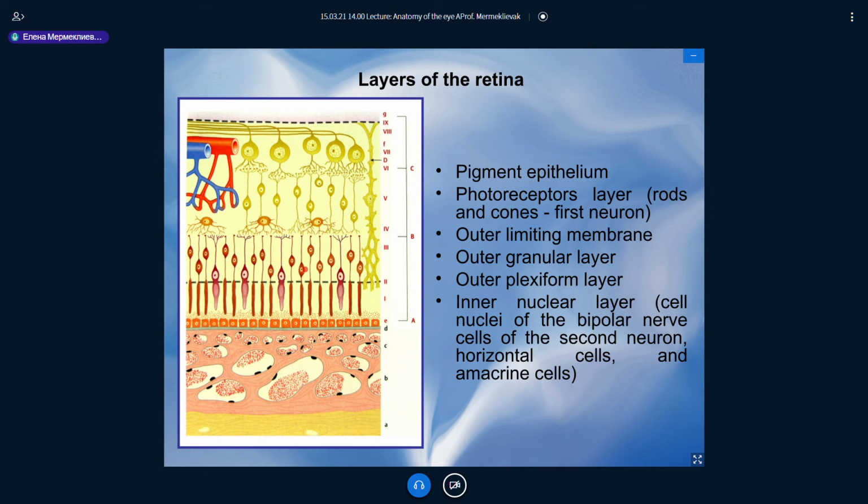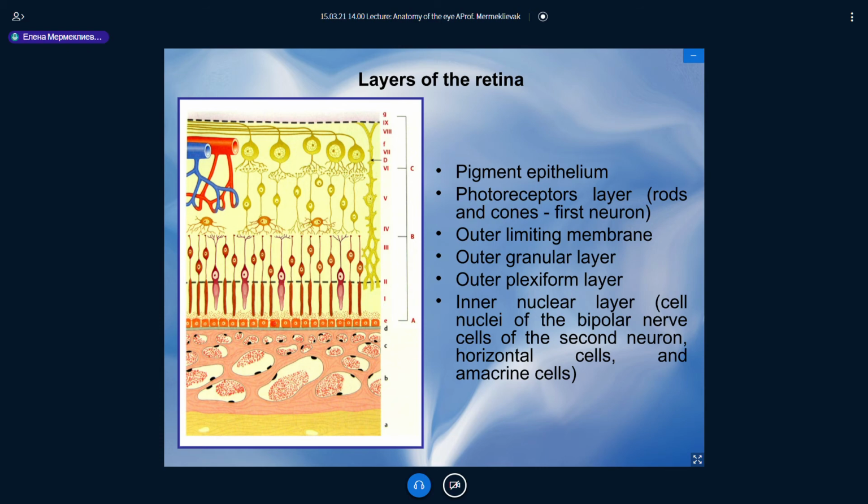The photoreceptors have an important role because in them the light is turned to a nerve impulse. They have rhodopsin here that is responsible for this transformation of the light to the nerve impulse that goes from the first to the second and to the third neuron of the retina.